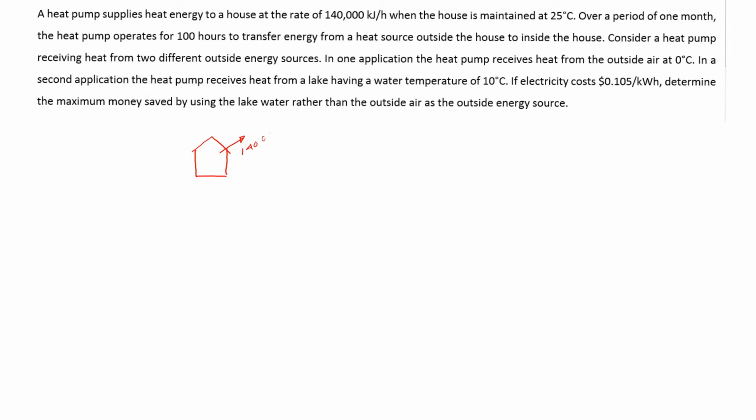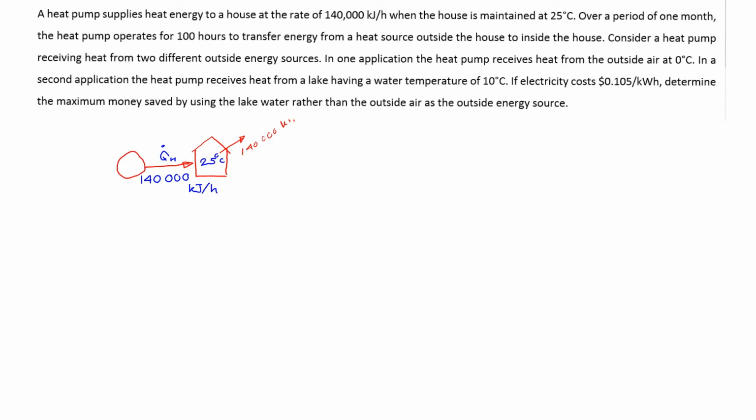Now, according to the problem, we are losing about 140,000 kilojoules per hour and we want to maintain our temperature. If that is the case, we have to supply the same amount of energy from our heat pump.